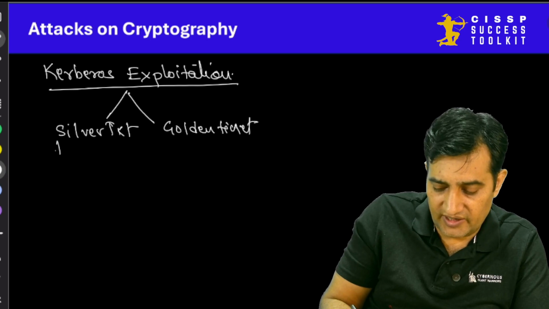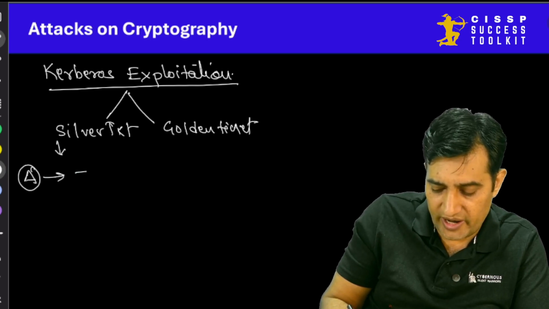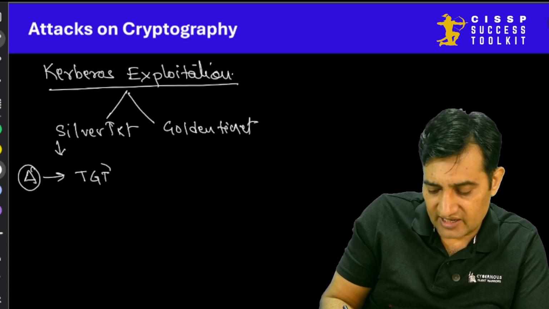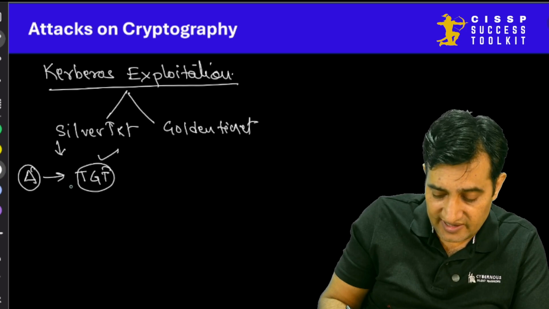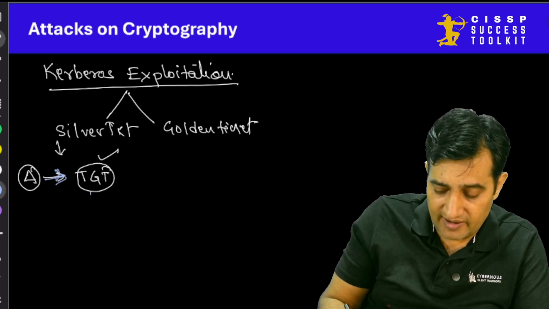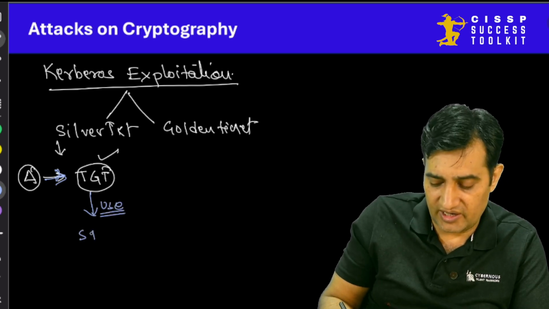In a silver ticket attack, the attacker is able to gain access to a ticket granting ticket which is actually for somebody else, and then is able to use it in an unauthorized way. It is called a silver ticket attack.